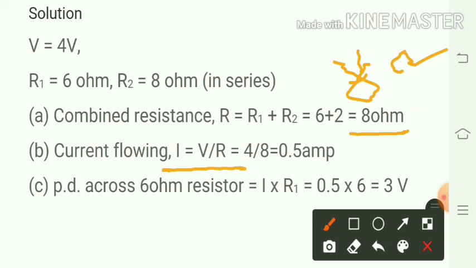Now, the potential difference across the 6 ohm resistor can be calculated as I × R1. The electric current is 0.5 and the R1 value is 6 ohm, therefore 0.5 × 6 becomes equal to 3 volt.